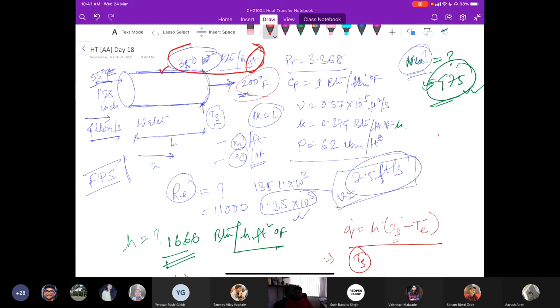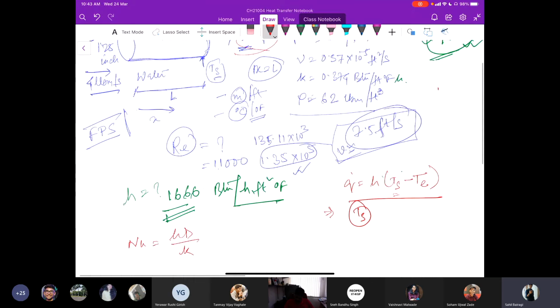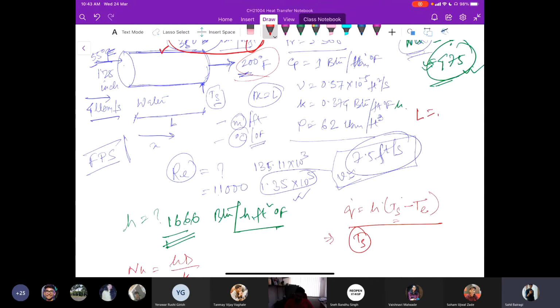Sahil Bairagi, what is the length? Sir, I am getting 0.15 inches. 1.25 inch is the diameter of the pipe and you are getting 0.15 inch as the length.